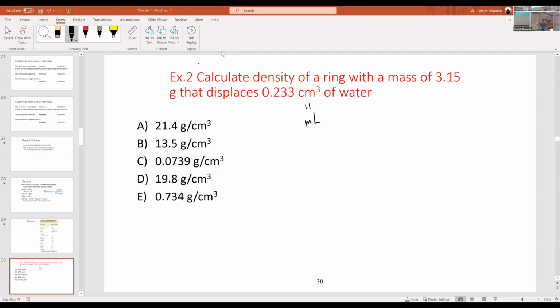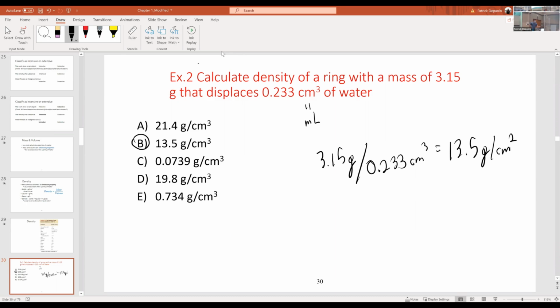So what we're going to do is simply divide the grams, 3.15, by the volume, 0.233 centimeters cubed. Can someone tell me what you get? Good, 13.5. Sorry if I'm going a little bit too fast. 13.5 grams per centimeter cubed. Not squared, cubed.